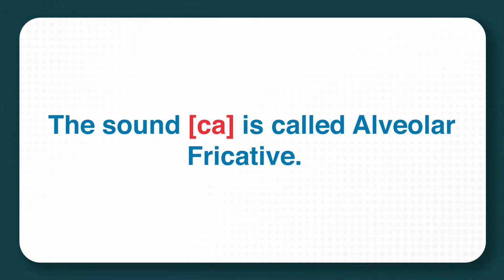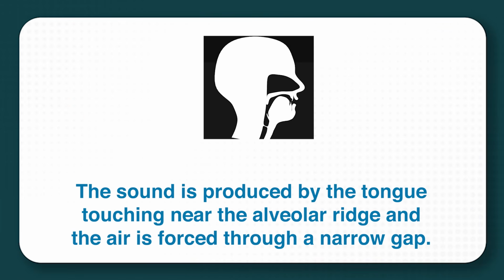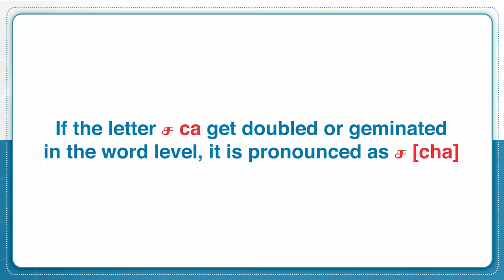The sound sa is called an alveolar fricative. The sound is produced by the tongue touching near the alveolar ridge and the airflow is forced through the narrow gap. If the letter sa gets doubled or geminated at the word level, it is pronounced as cha.